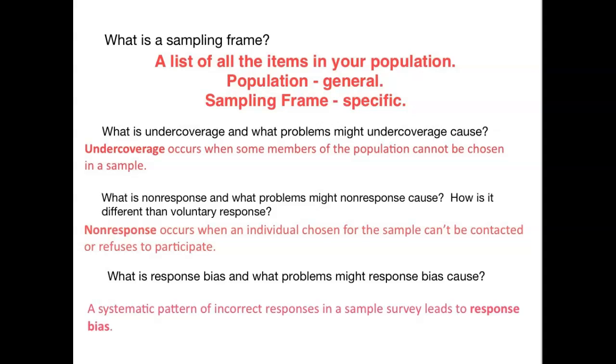And it's similar to the voluntary response issue, right? If I were like, okay, who would like to do their homework with music on? And those of you who like to do that, volunteer. And then I check how you score on a test versus those of you who don't.